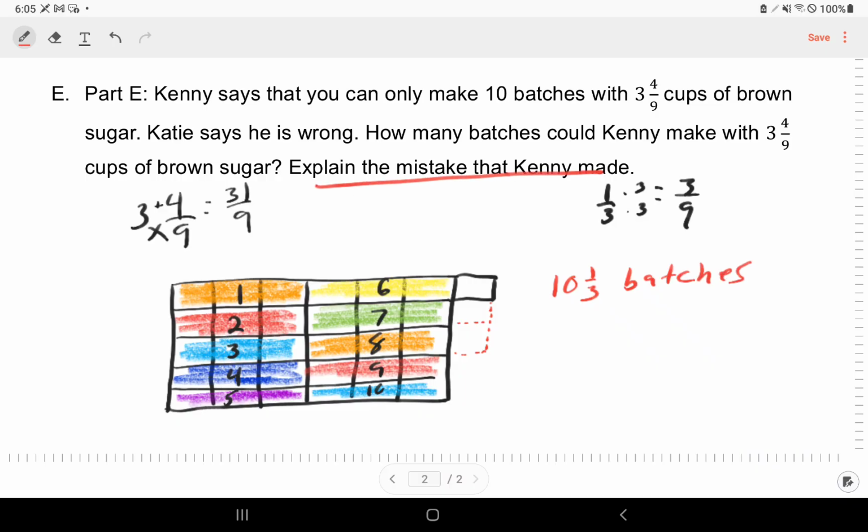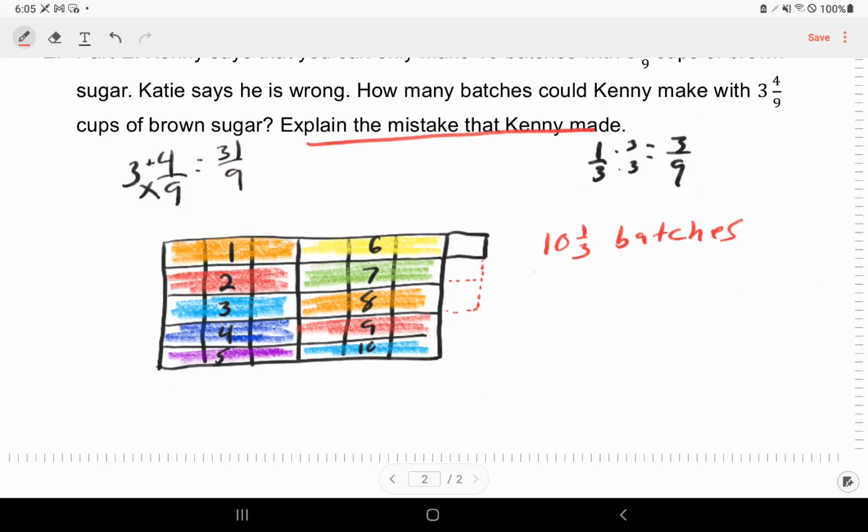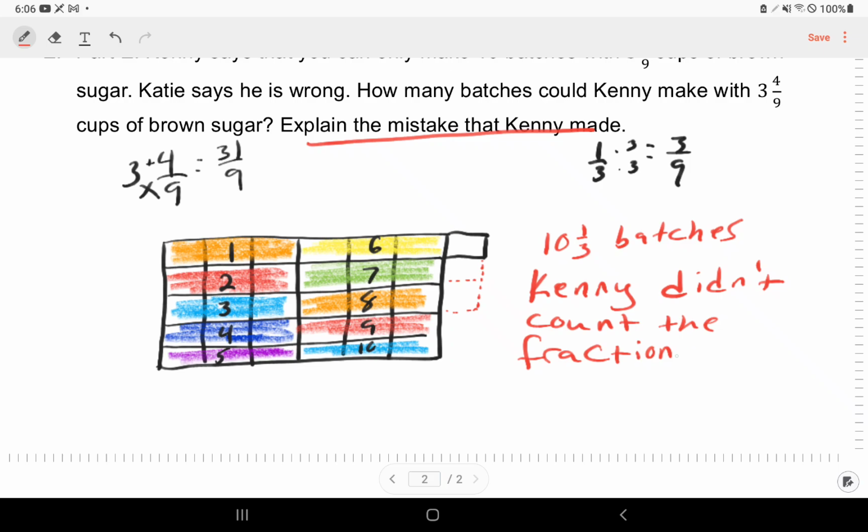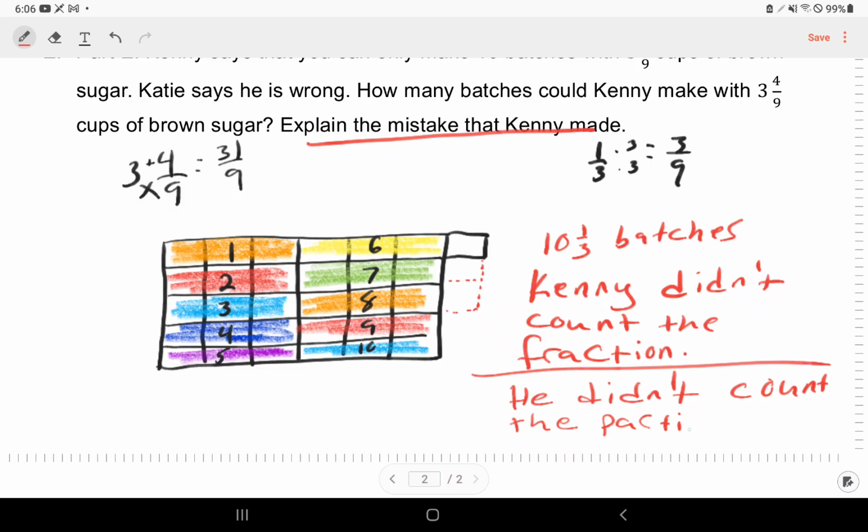So explain the mistake Kenny made. Well, Kenny didn't count the fraction. Or you could say he didn't count the partial batch.